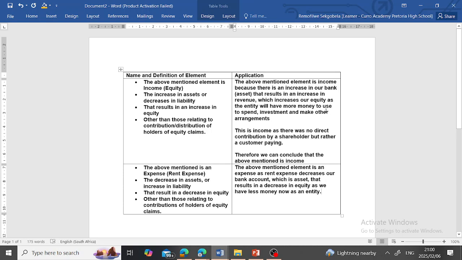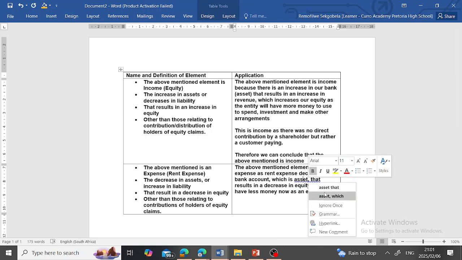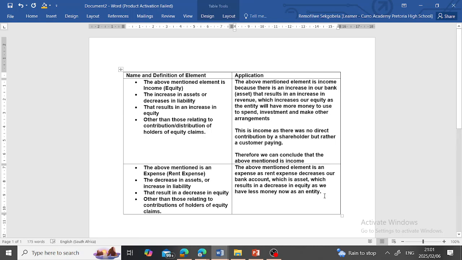And then other than those relating to the thing, you can just say this expense has no direct contribution or distribution by a shareholder, but rather us paying rent expenses. Therefore, we can conclude that the above mentioned element is an expense.